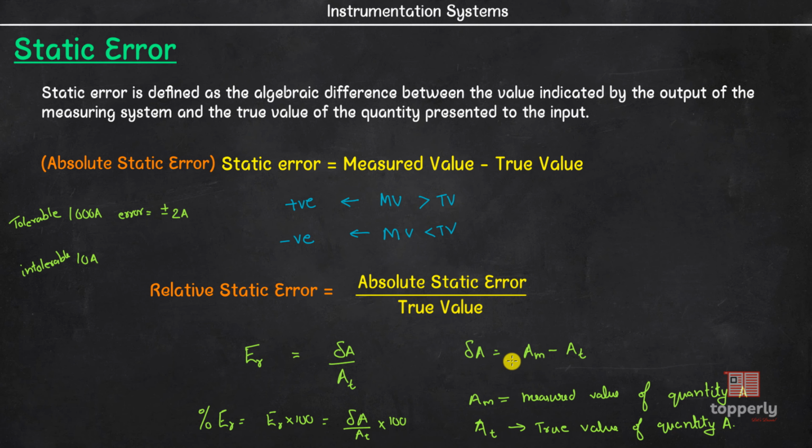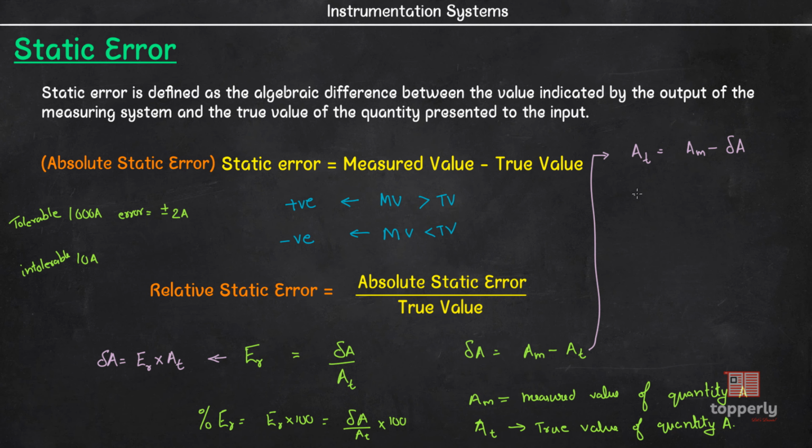Now we know ∂A is equal to AM minus AT. So from here we can write AT is equal to AM minus ∂A. And using this relation we get ∂A is equal to ER into AT.